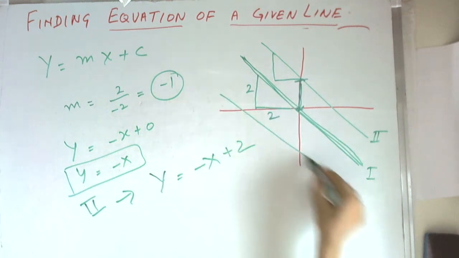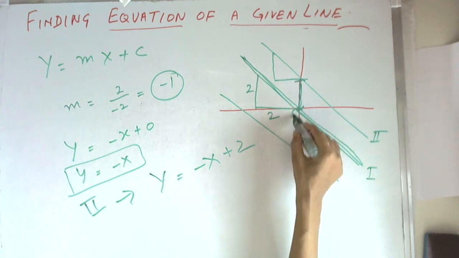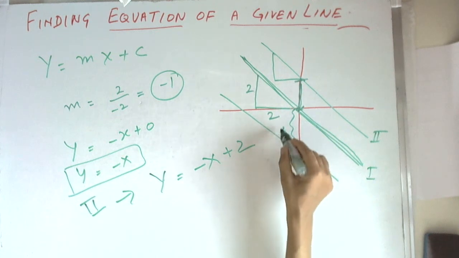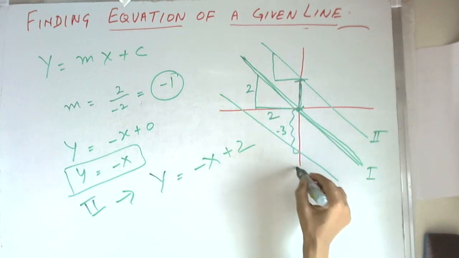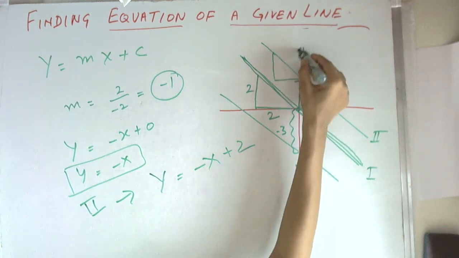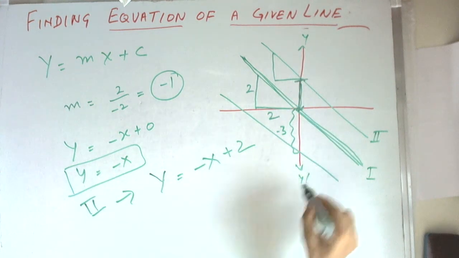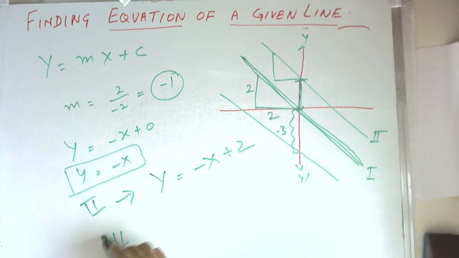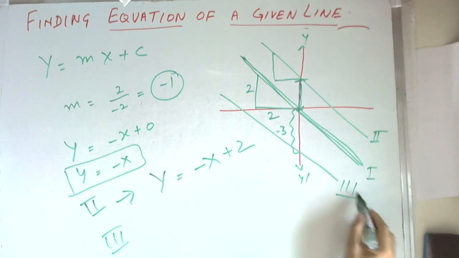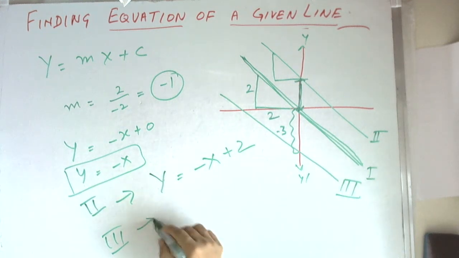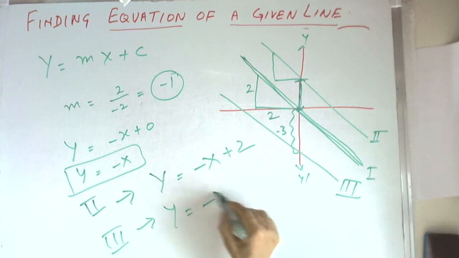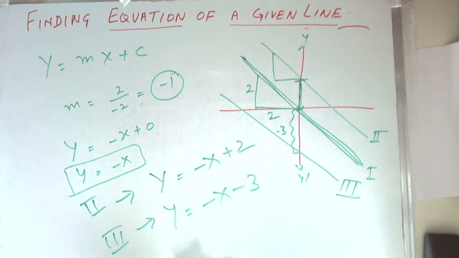And the equation which is passing like this, suppose this is passing at 3 units below, on the y dash side. So for that it will become y equal to minus x minus 3.